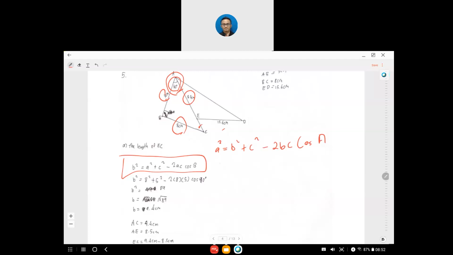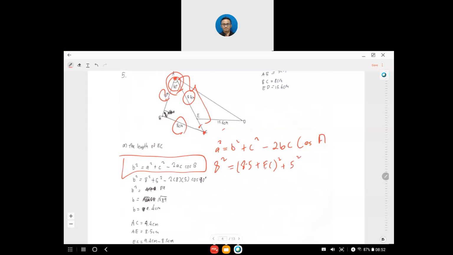And then you have the value of A here. A is 8, so 8 square equal to B square. Where is B? B is this one, the value of 8.5 plus EC, square, plus C. C is 5 square.